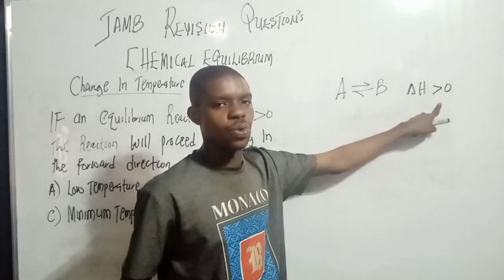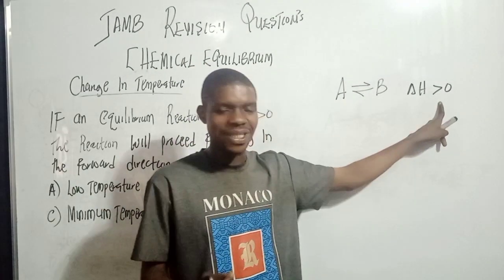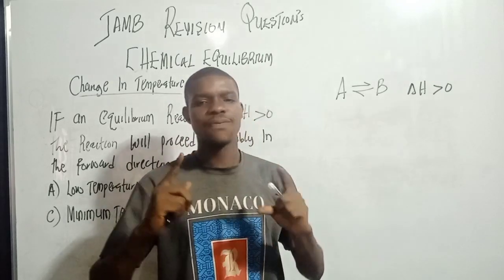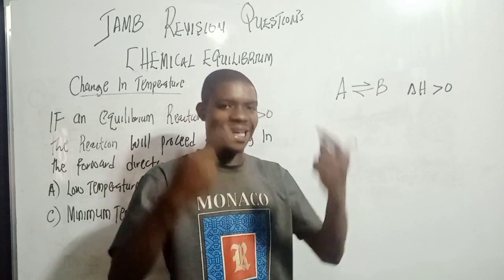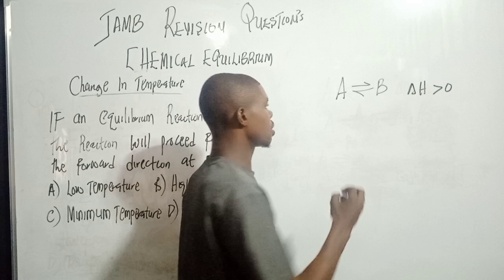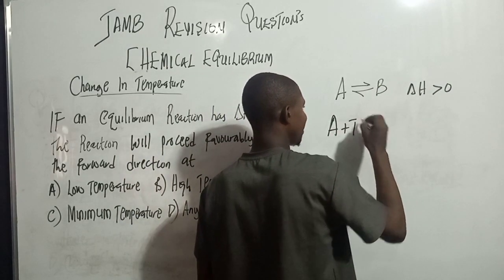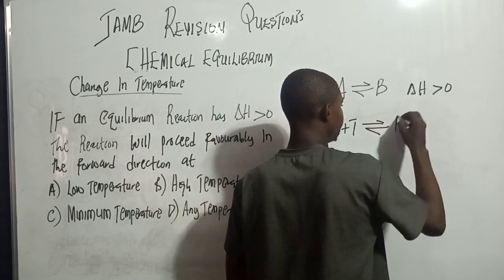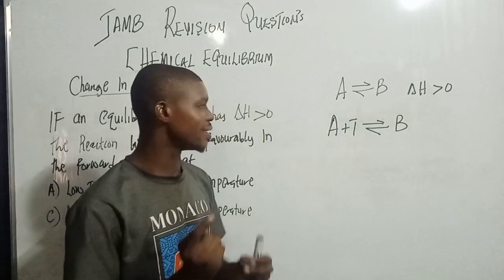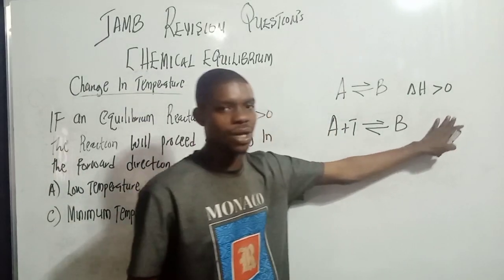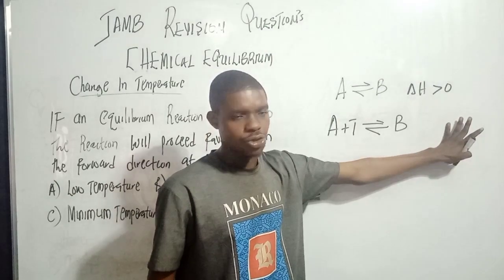Whenever delta H is positive, it is endothermic, so heat will be treated as a reactant. So it's going to be A plus T giving you B. Now let me tell you the truth. This is one of the most confusing concepts here. This is where students actually make mistakes.